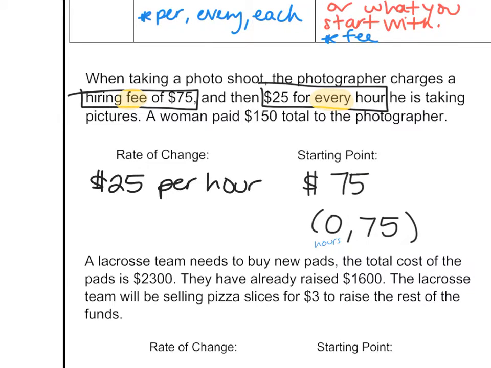So if we wanted to write an equation for this one, it would be y is equal to 75 plus 25x. So we're seeing the same thing as yesterday. The thing that happens over and over, your rate of change, goes in front of the x, and then the thing that happens once, or your starting point, is by itself.